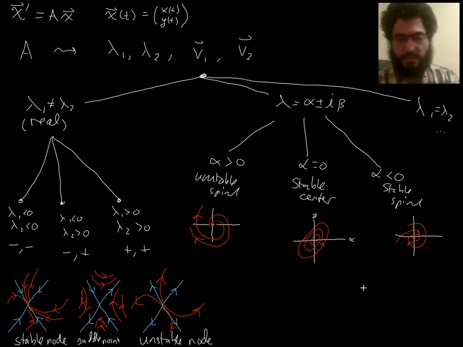So you can read this kind of like a flowchart, I guess. Start from here, solve the eigenvalue problem for A, and then ask yourself, are the eigenvalues real or are they complex? If they're real, follow this branch, and if they're complex, follow that branch. And then ask yourself various other questions. Are they both negative? Or if they were complex, is the real part positive, etc. And as you answer the different questions in the flowchart, you end up in different situations.